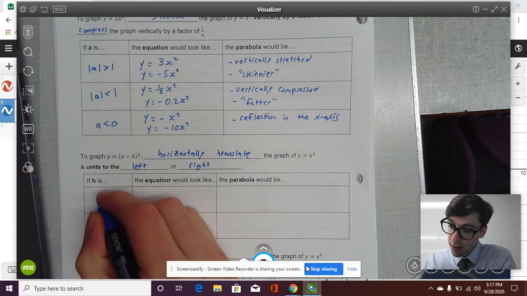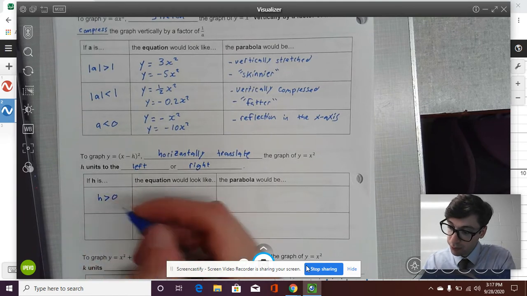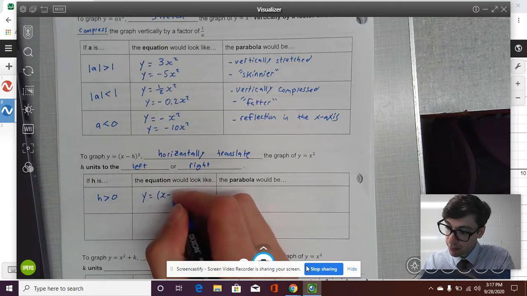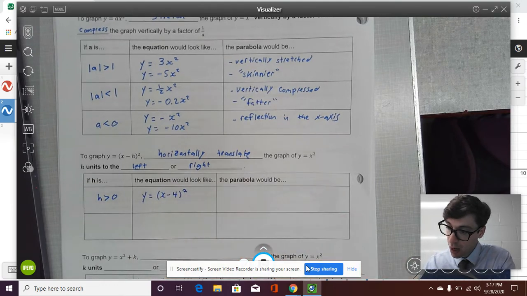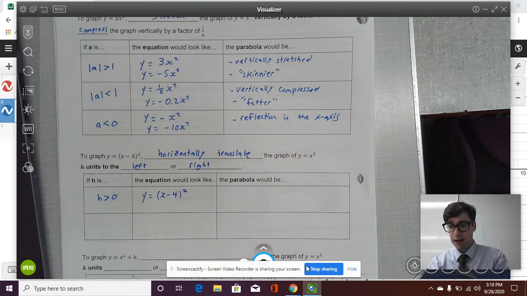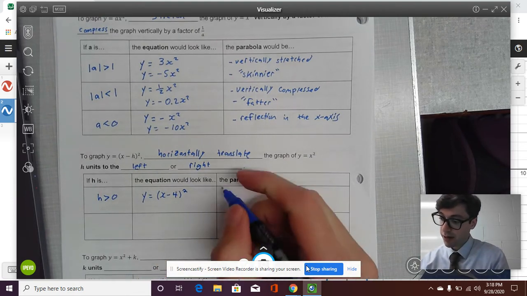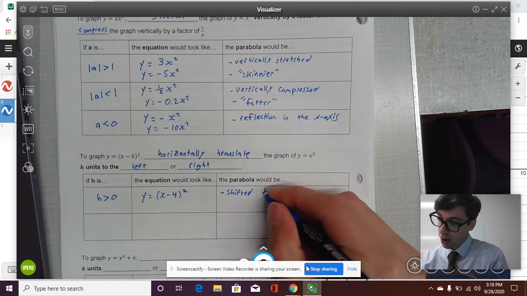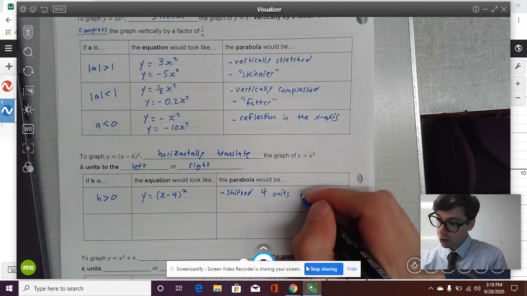If h is larger than 0, for example y equals (x minus 4) squared, we already know the vertex is (4, 0). You can imagine that whole basic parabola moving 4 units to the right. So the parabola would be shifted 4 units right.